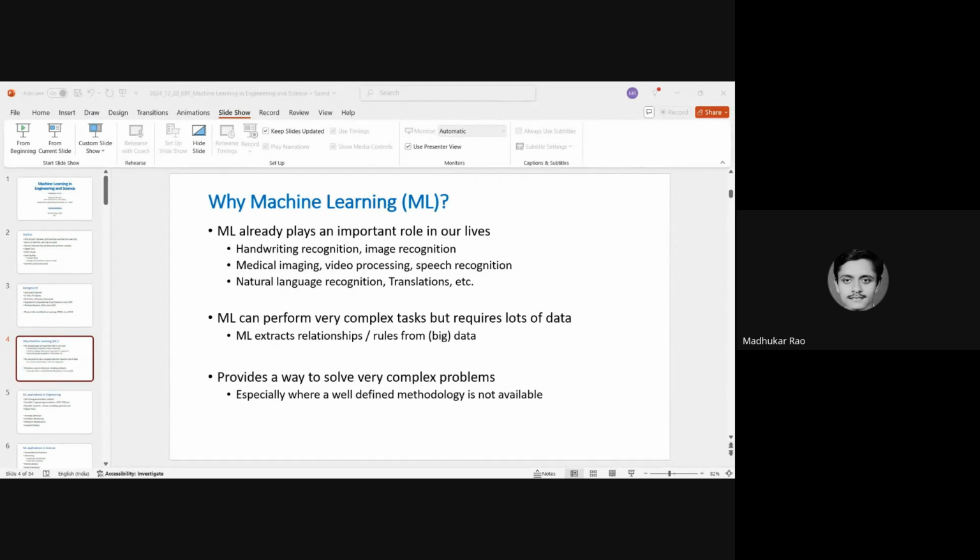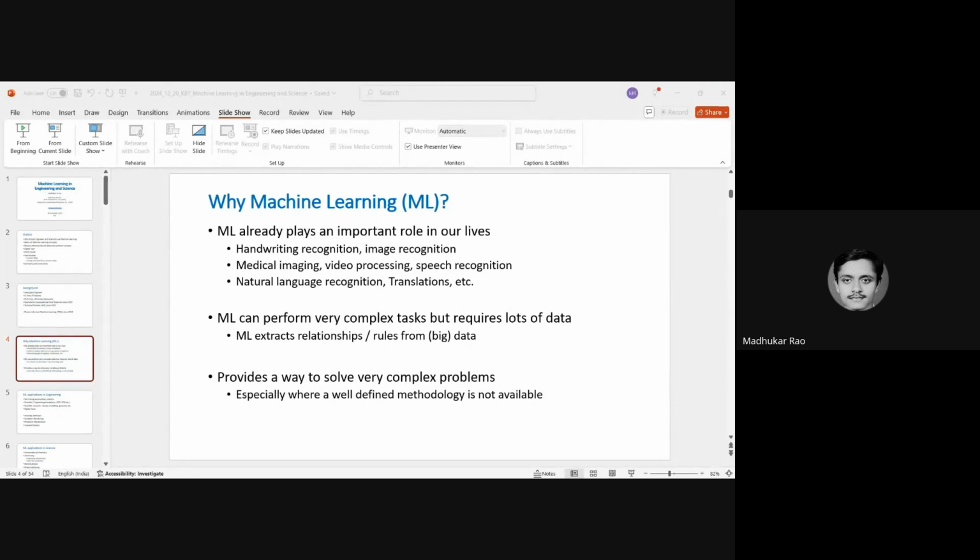You can talk to your computer, you can talk to the machine. And of course, one of the characteristics is it can perform very complex tasks like these, but we also know that they require lots of data to train, because it extracts relationships and rules typically from very big data.